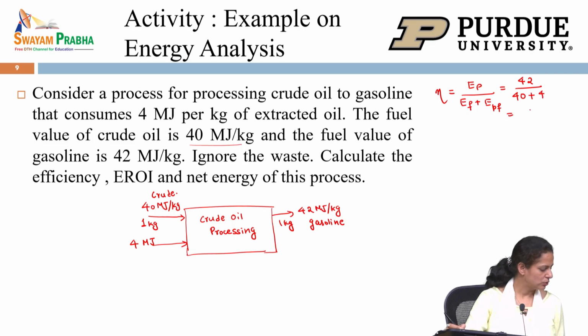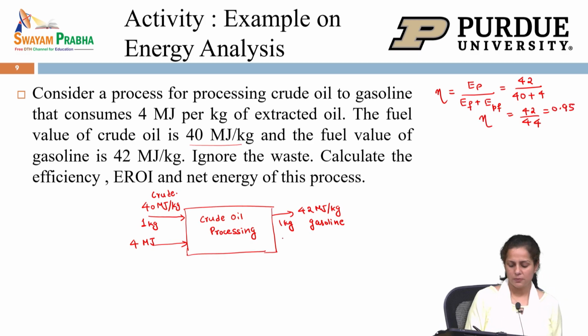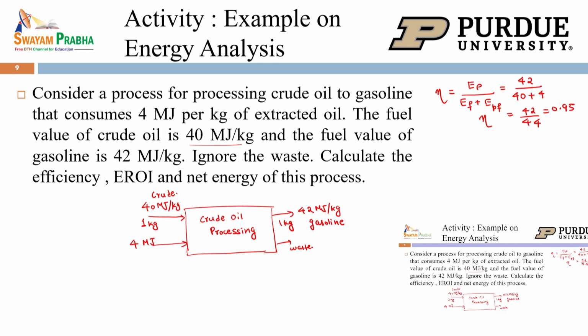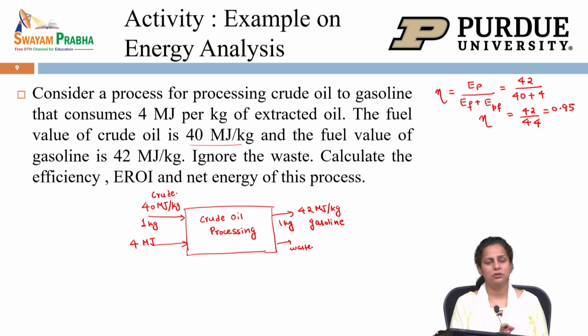So, that comes out to be 42 by 44 and your eta will be about 0.95. So, we are losing some energy which might be going into the waste, and we have of course ignored it, but you can see that the efficiency with which we are able to utilize this processing energy to convert the feedstock into product is about 95%.